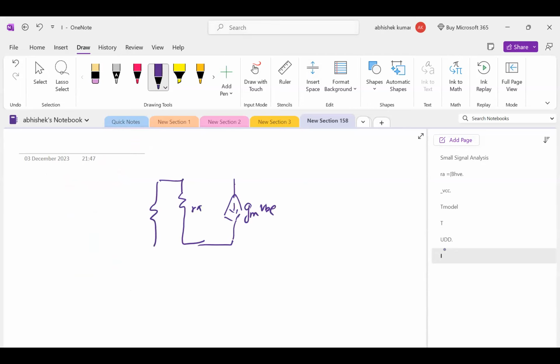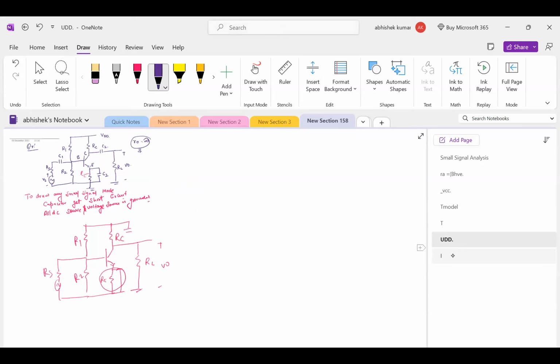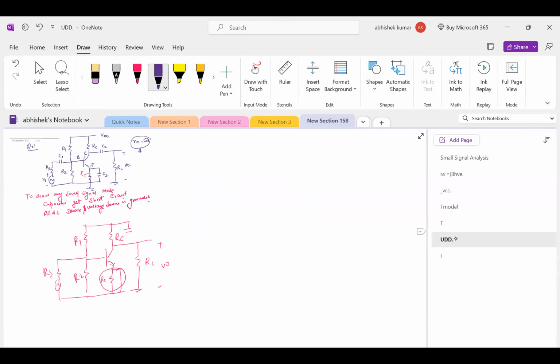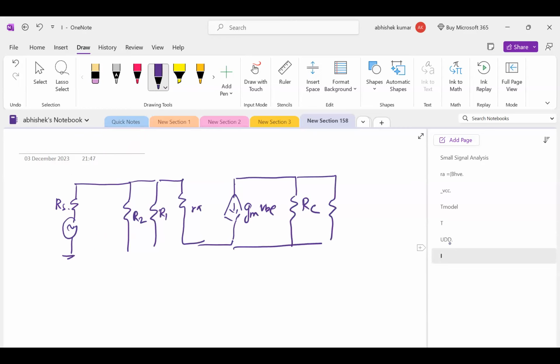This is R1. R2. RS. This is RC. This is RL.